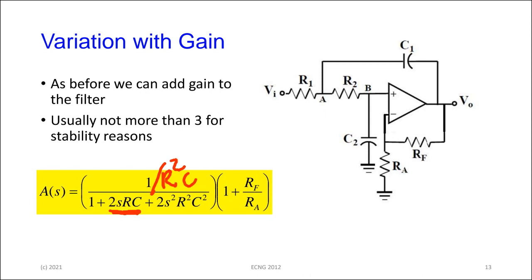This is supposed to be R squared, C squared here. The damping is affected by the gain of the amplifier. So the more gain you put on, the damping tends to change, and of course R and C also affect the behavior of the circuit as well.